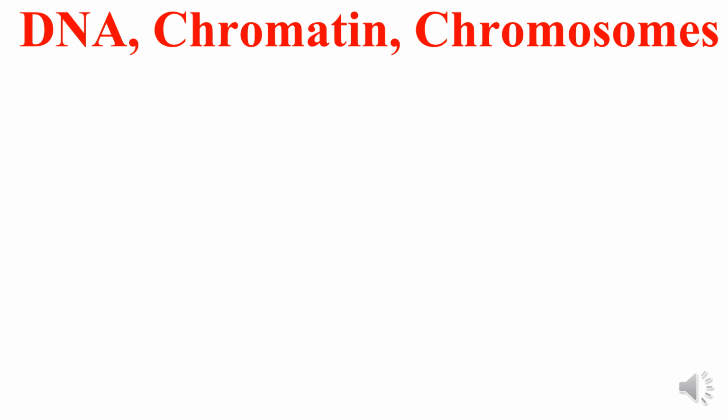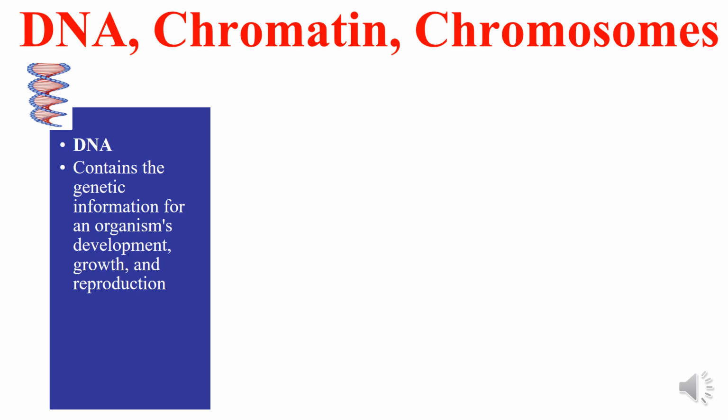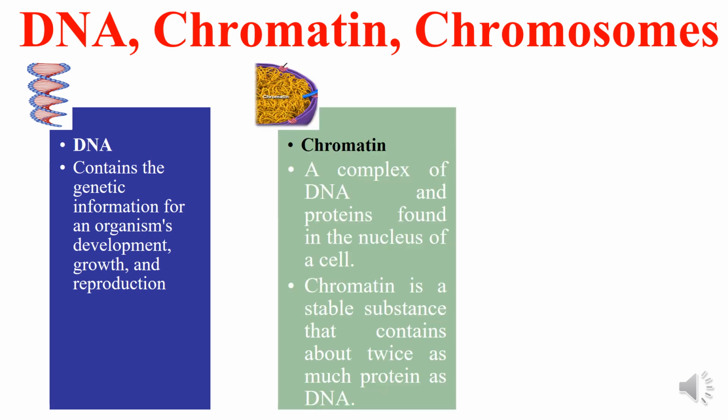Now we will see the relationship between DNA, chromatin and chromosomes. So the DNA, now you know, contains genetic information for an organism's development, growth and reproduction, whereas chromatin is a complex of DNA and proteins that is found in the nucleus of a cell.